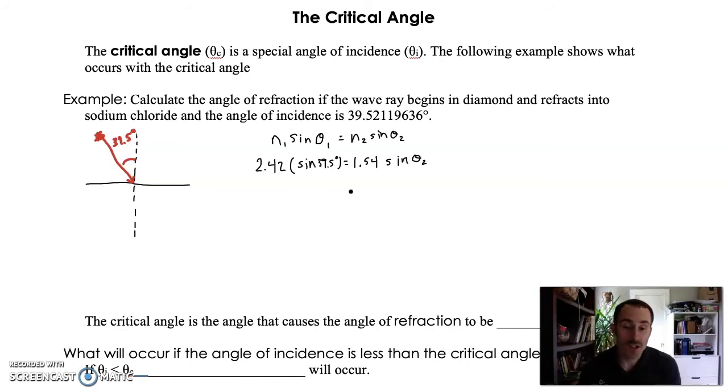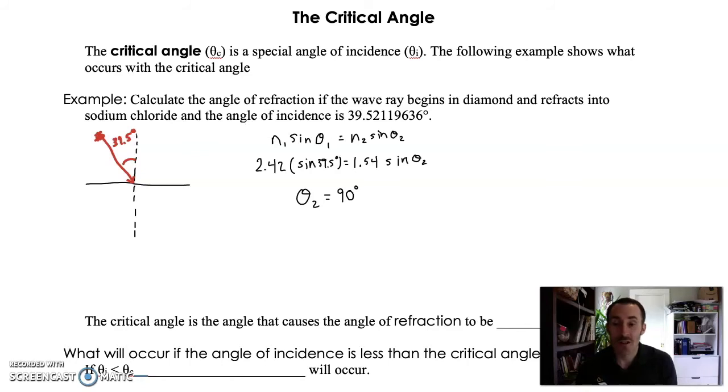When we do that, we multiply these two things, divide by 1.54, and then do the inverse sine of whatever that was. And we end up with a theta 2, or an angle of refraction, of 90 degrees. 90 degrees on the dot.